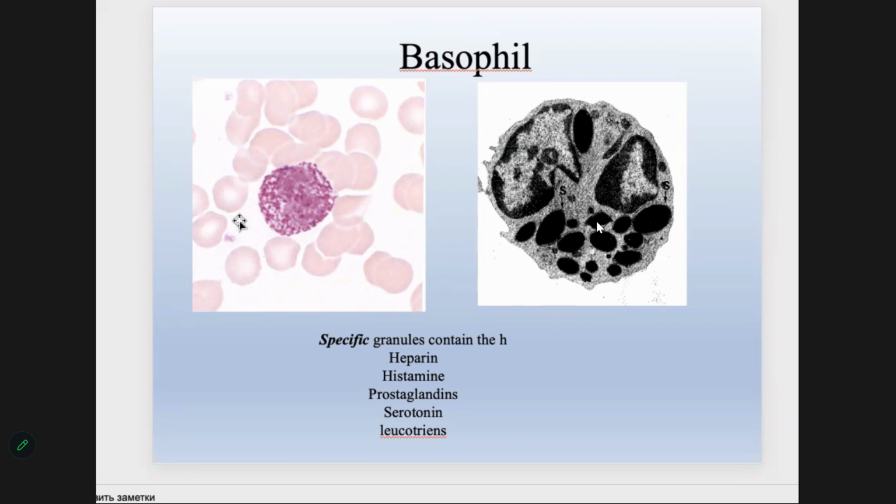Look at the morphological features of basophils. Basophil is characterized by a weakly segmented nucleus, and the cytoplasm is filled by large granules which are stained metachromatically. What does it mean, metachromatically? Metachromasia is the ability to change the color of dyes.